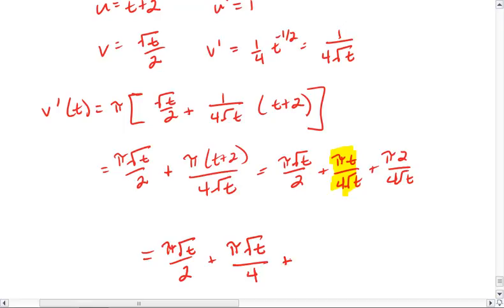And then for 2 pi over 4 root t, 2 and 4 reduce, giving us just pi over 2 root t. But we don't like having a square root in the denominator, so what we actually will end up with is pi root t over 2t. And that is the value of v prime of t.